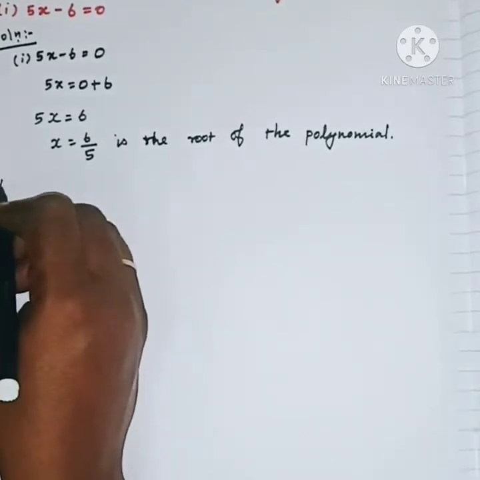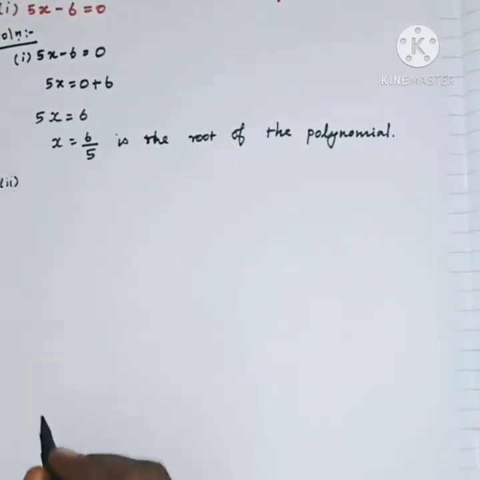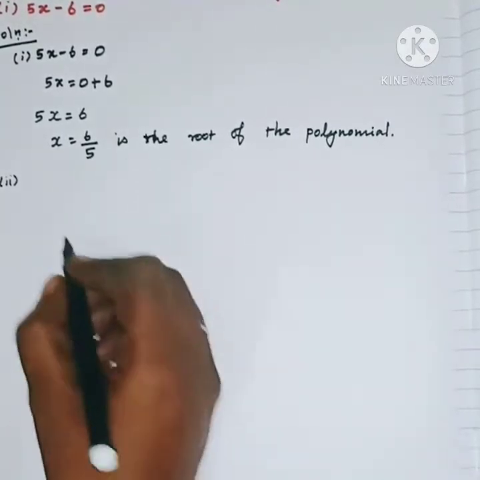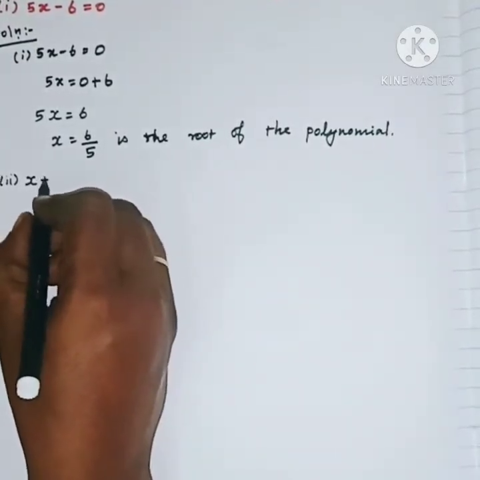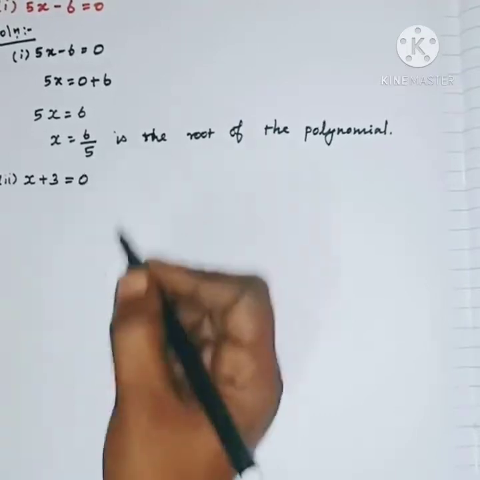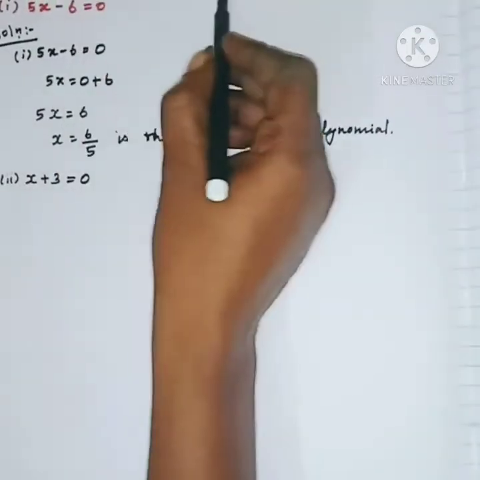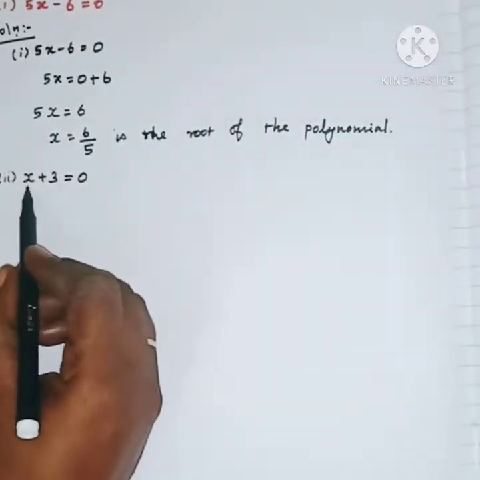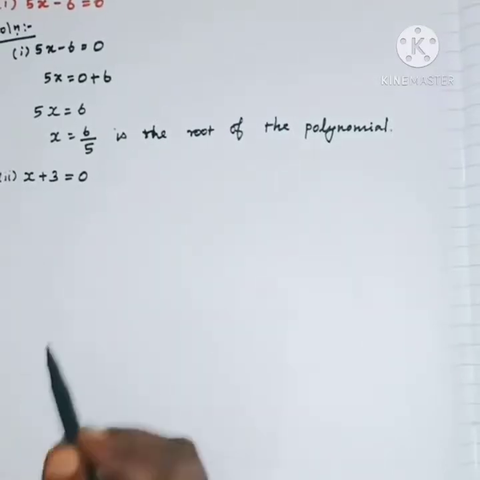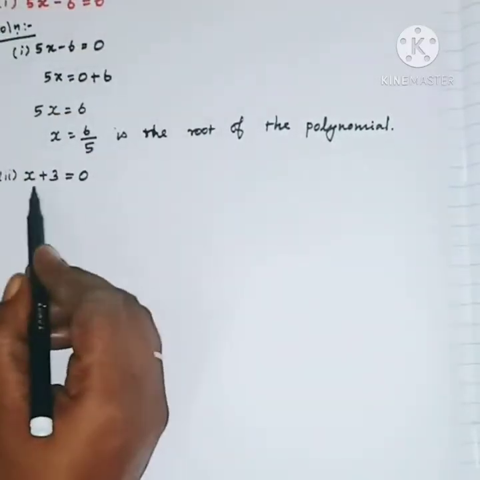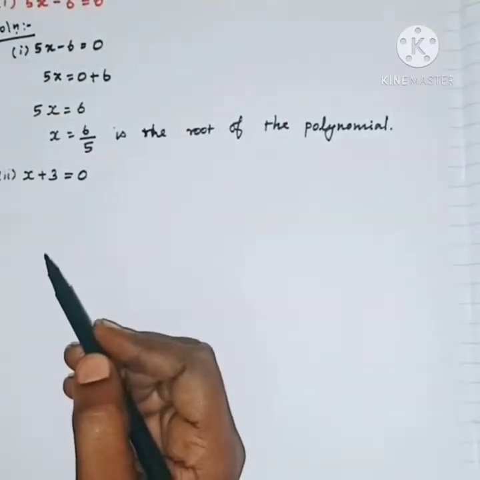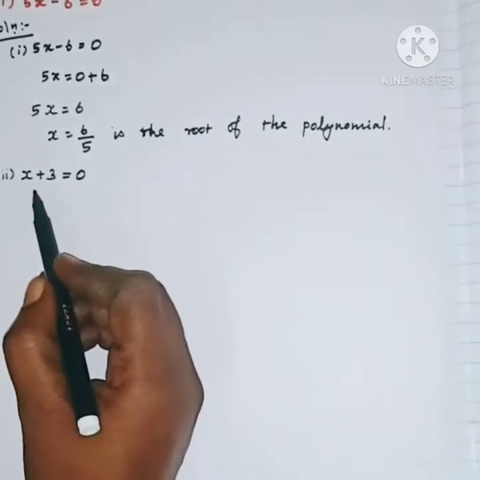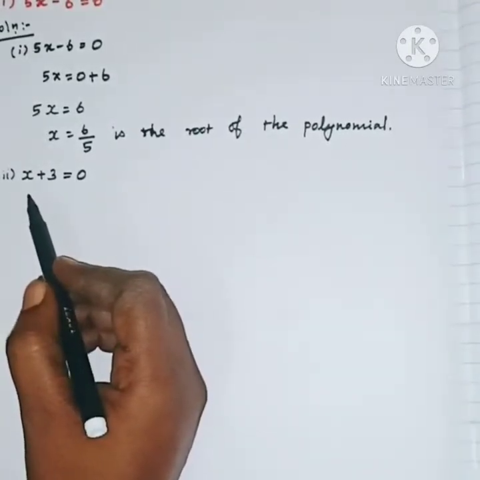Now we will move on to the second subdivision. Second subdivision is x plus 3 is equal to 0. Find the roots of the polynomial equation x plus 3 equal to 0. So in this we have to find the value for x.